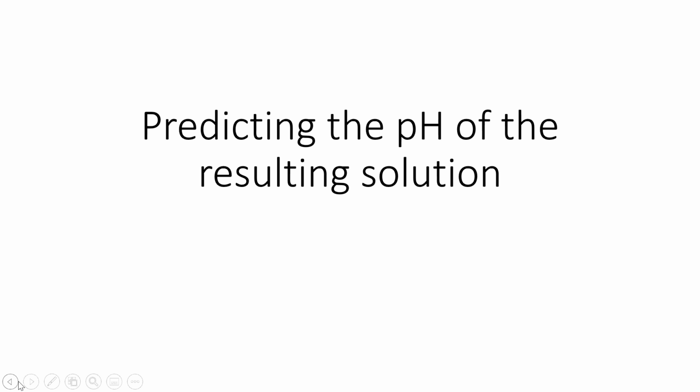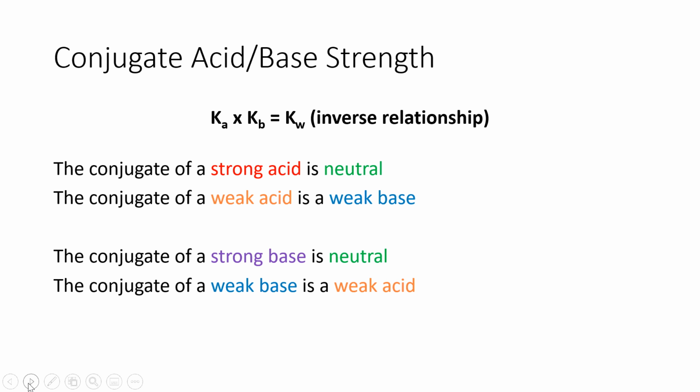And so let's think about predicting the pH of the resulting solution. We want to know the relationship between conjugates, acids, and bases. So we need to know a little bit about the relationship between the strength of an acid and its conjugate base. There's this equation on your equation sheet. It looks like this: Ka times Kb equals Kw.